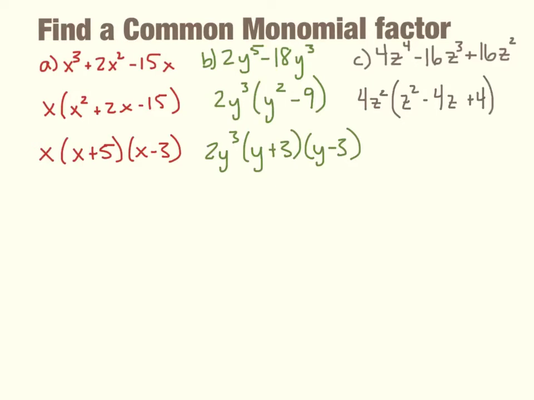So now two numbers that multiply to positive 4 and add to negative 4. We have 4z squared times z minus 2 times z minus 2, so I can just say times z minus 2 squared.